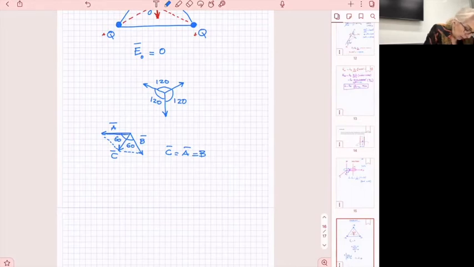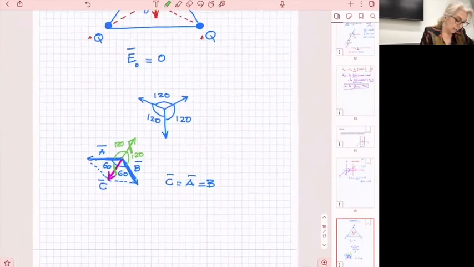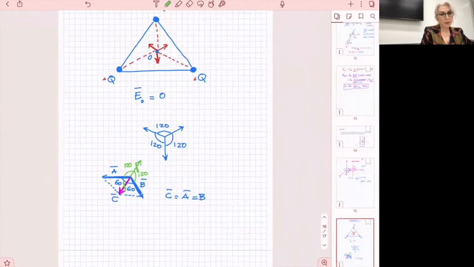Now I took this one and this one, and the sum of the two became this one. If I have another vector on the other side, which is equal to A and B, and creates 120 here and 120 there, then this one is going to cancel out with this one. And that's why it gives 0. Okay? So that's why you have 0 there.